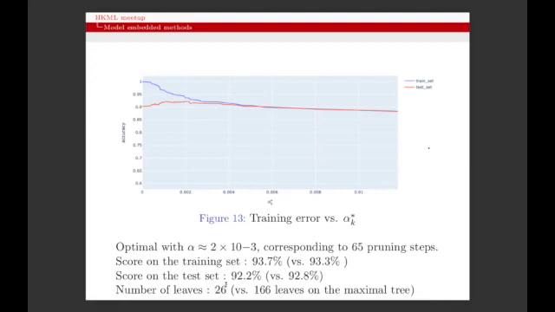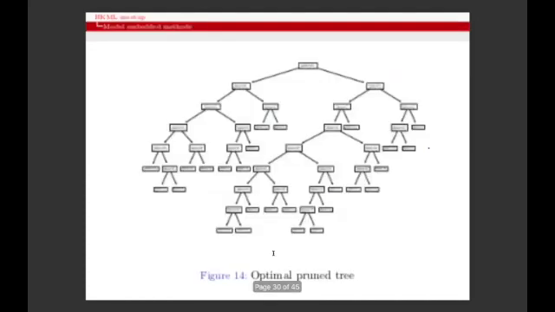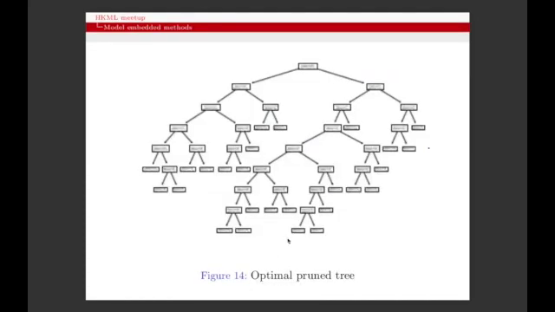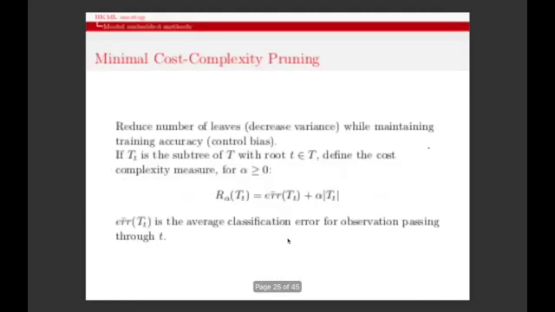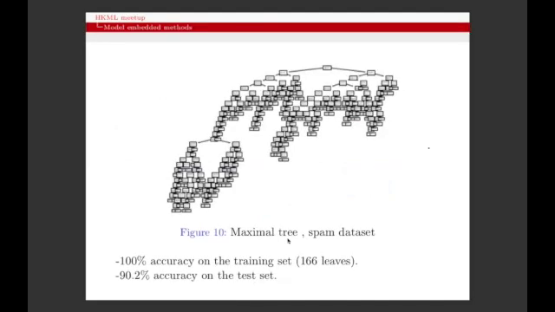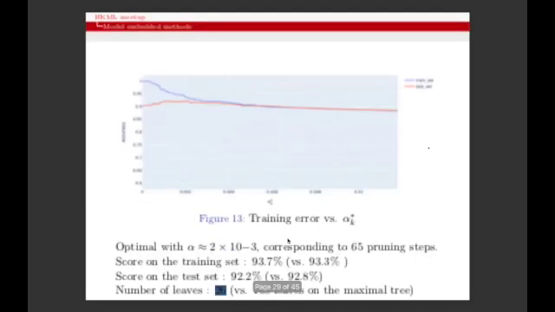So in terms of complexity, it's much better to compute predictions. This is the image of the optimal pruned tree with 26 leaves, which is much smaller than the initial maximal tree.